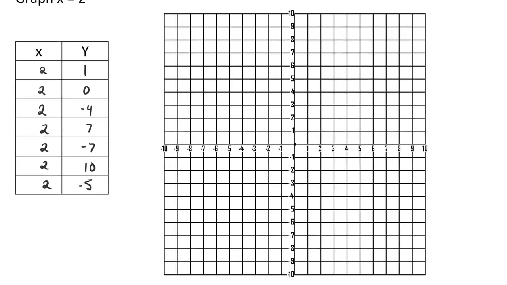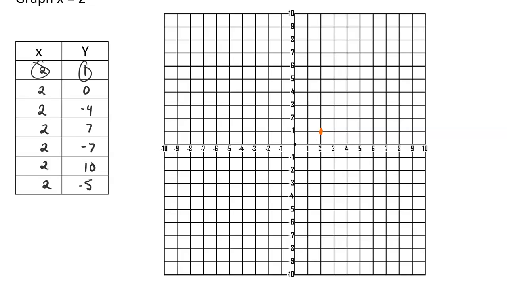So we move over to the graph now. If x is always going to be 2, we know that we're first looking at our x and then looking at our y. So we start off at our origin and we move over 2, and then we're going to move up to 1. So that's where our first point is going to be. The next one is 2 and y is 0.